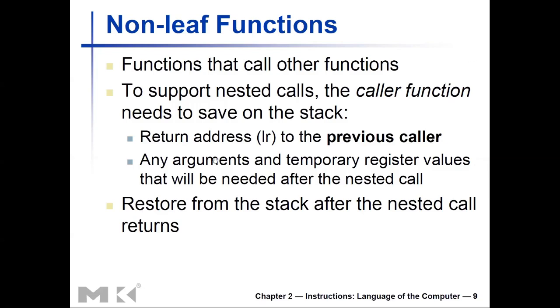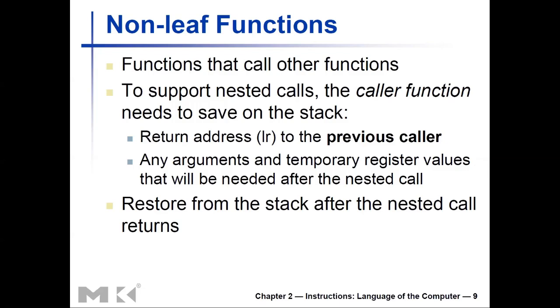And after the second function call is done, restore from the stack after the nested call returns. So the nested call can return without any issue, like LR is updated with the place that the nested call should return to.